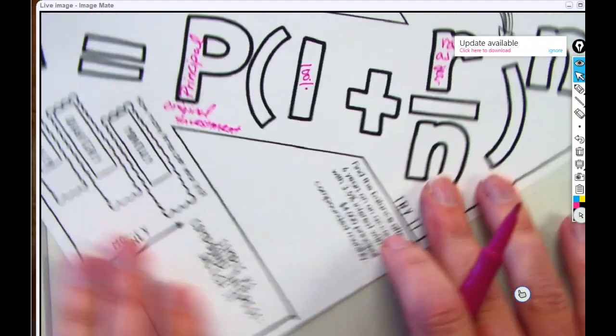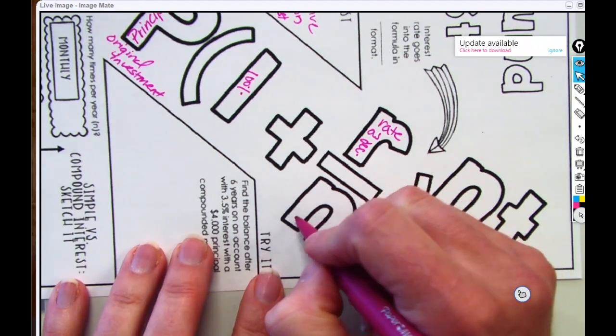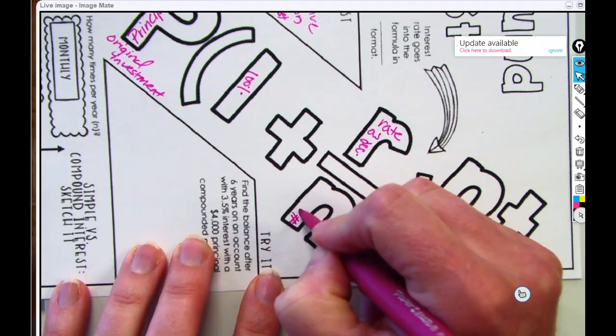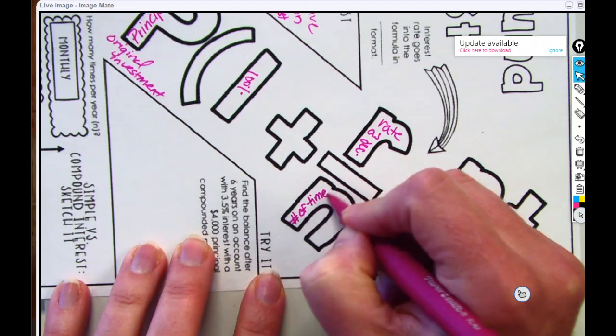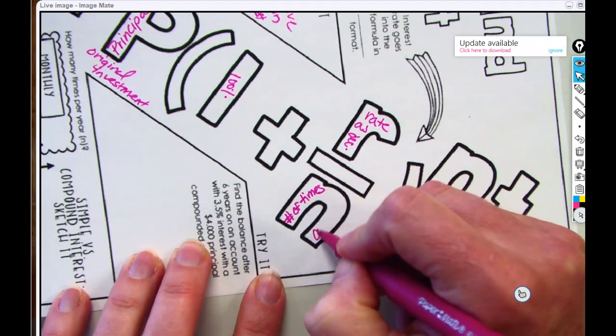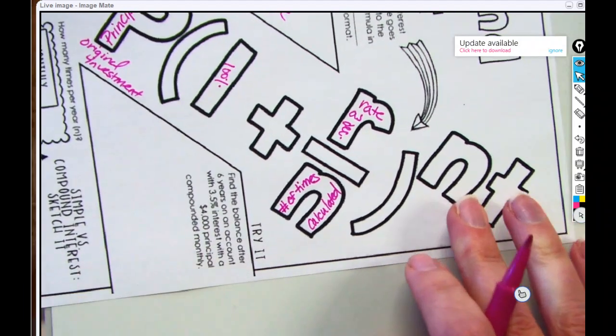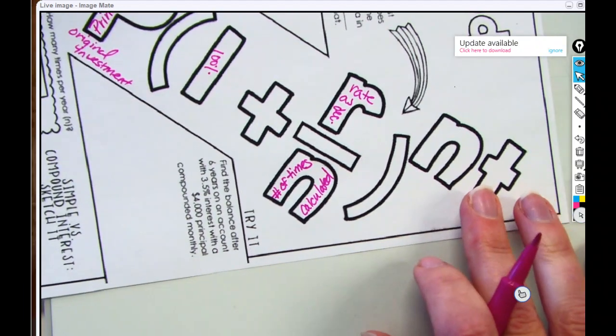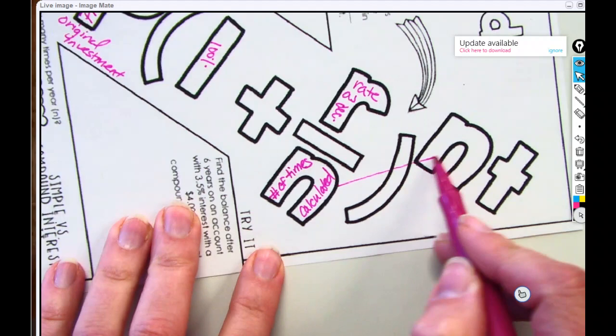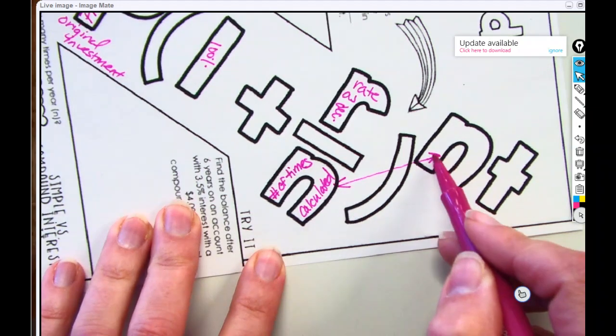N stands for number of times calculated. And that's the same N that's up here. They're not different N's.